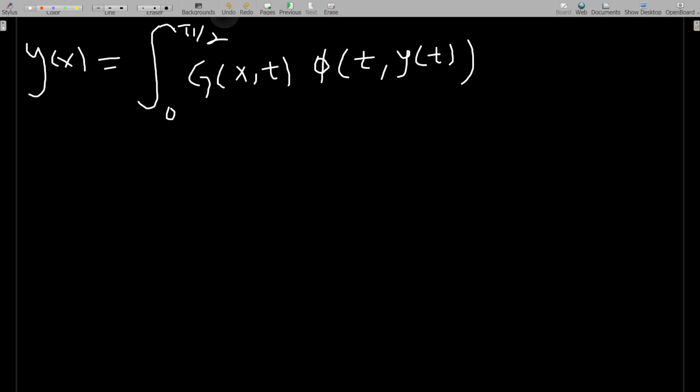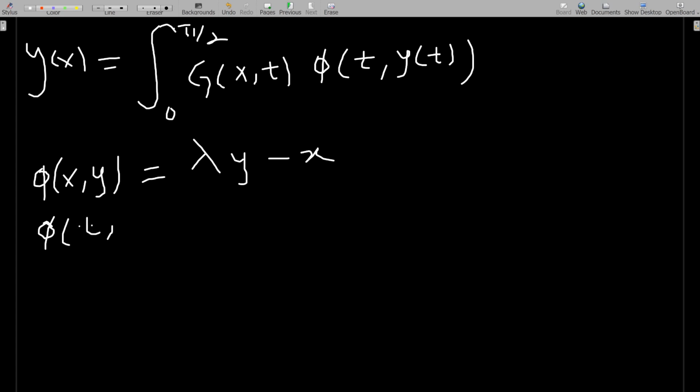We know the g of x,t, right? So we know our phi of x, y to be equal to lambda y minus x. But you know y is a function of x. So if I want to find phi of t comma y of t, it means that wherever I see x in this, I put t there.